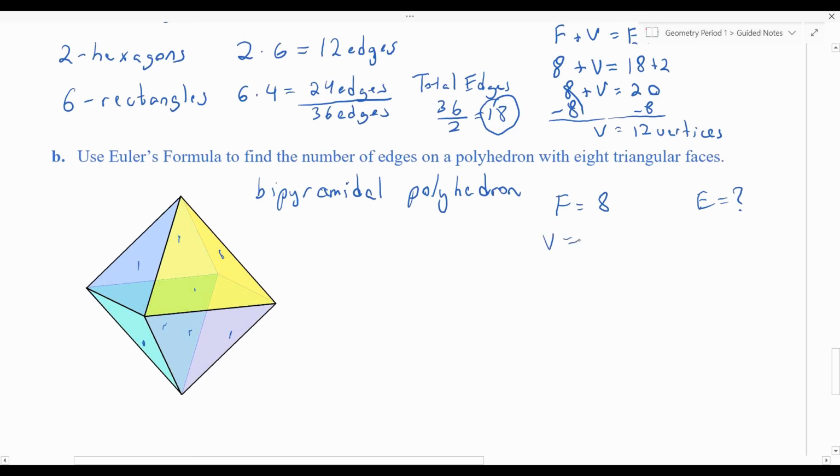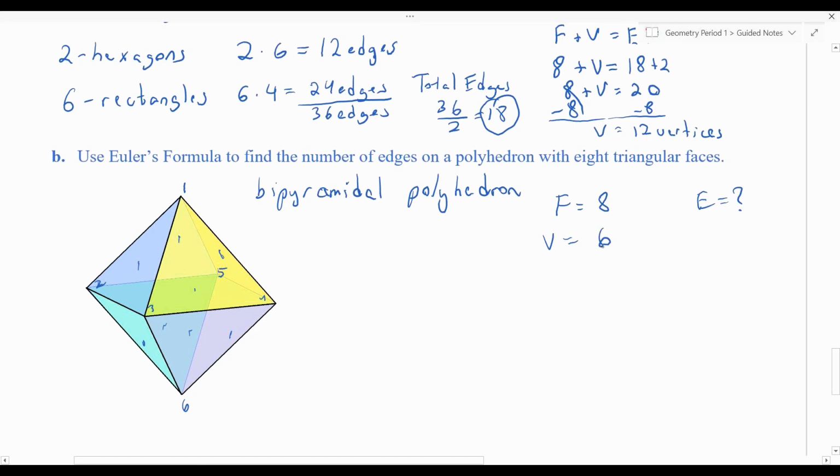The vertices are the corners of our figure. So we have 1, 2 here, 3, 4, 5, and 6. So we have 6 vertices.